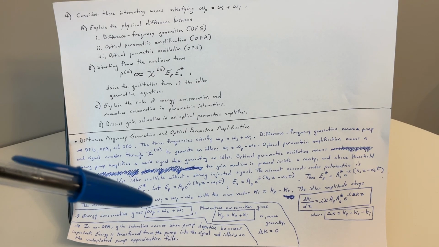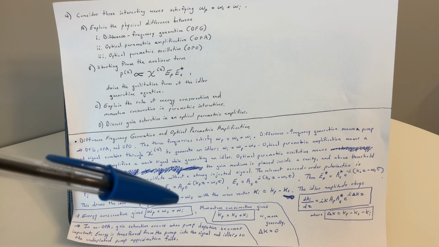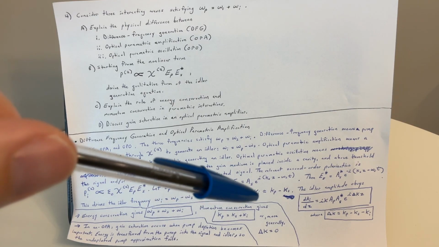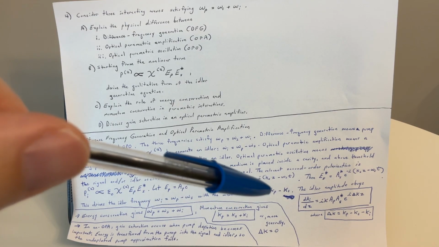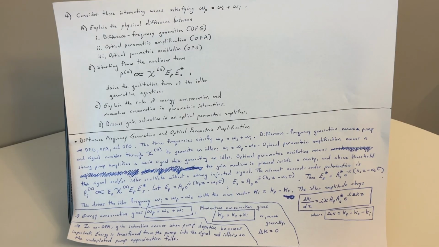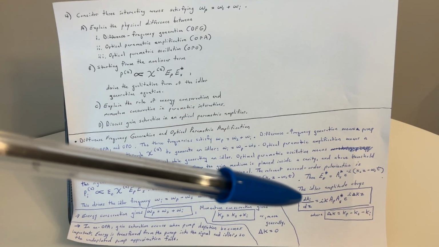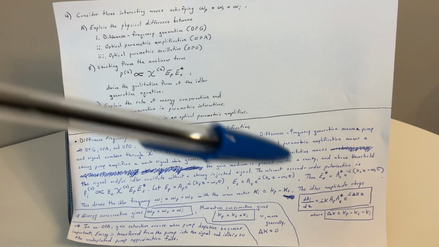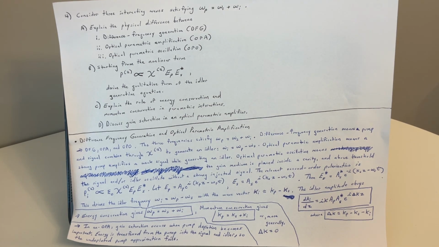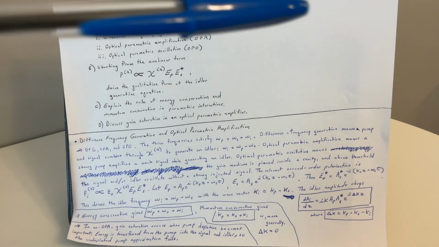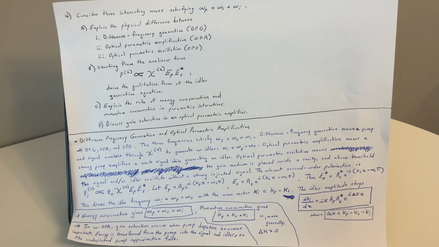This drives the idler frequency, ω_i equals ω_p minus ω_s, with the wave vector k_i approximately k_p minus k_s. The idler amplitude obeys this: dA_i/dz equals iκ A_p A_s star e^(iΔkz), where Δk is k_p minus k_s minus k_i.